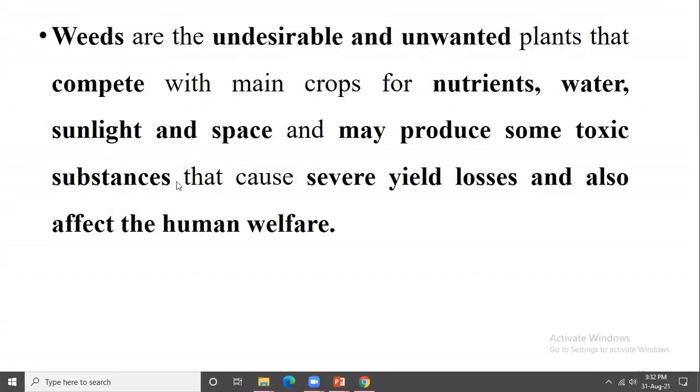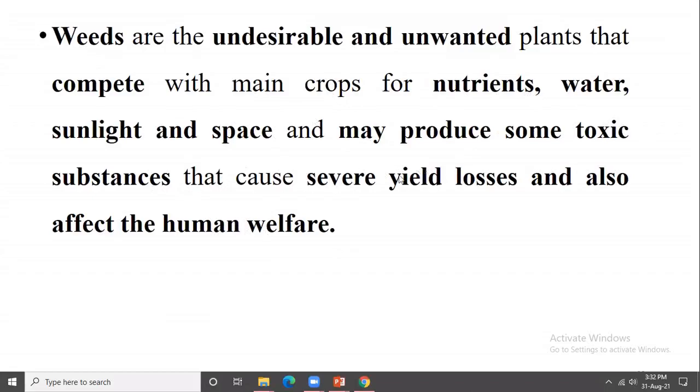These are asked as a question in your spot exam. Weeds may also produce some toxic substance. Some weeds produce toxic substances that affect the main plant, the plant we are cultivating. That's why we immediately remove that plant.